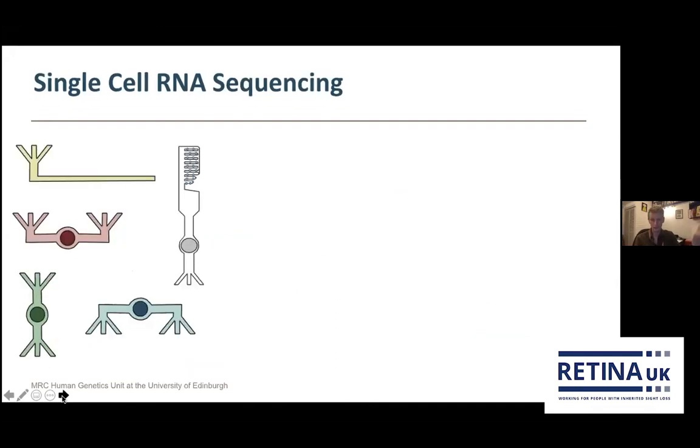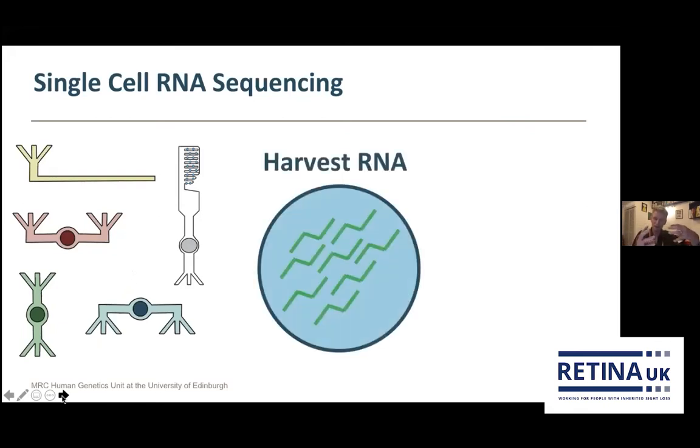What we then do is we put it on a single cell chip. By doing so, every single cell is put into a little micro droplet of gel, and the cells are then lysed, and the RNA is harvested from these cells.